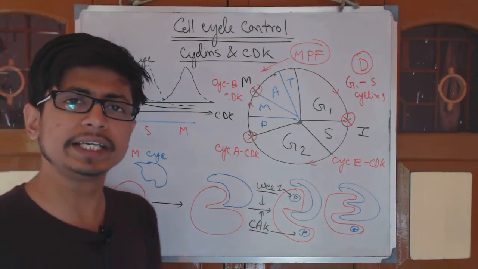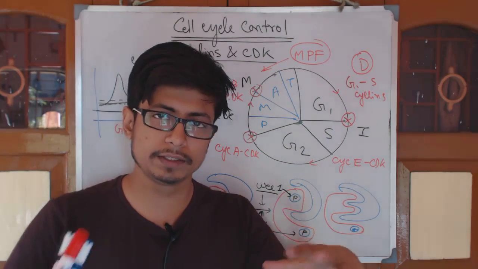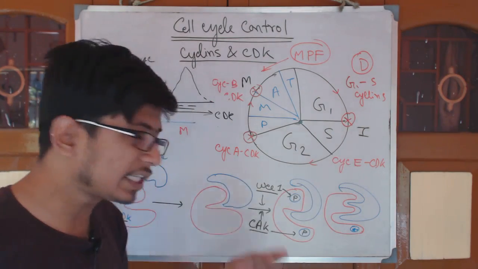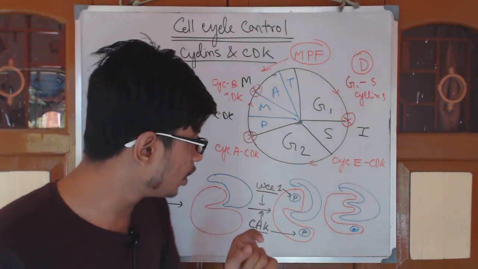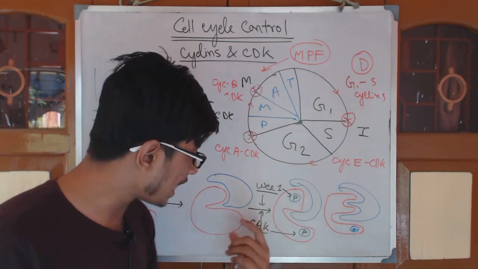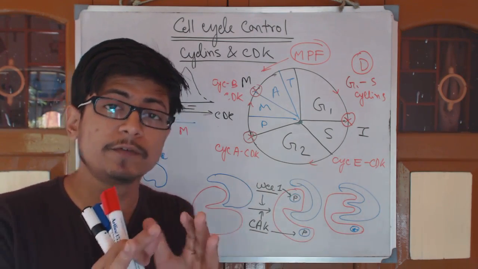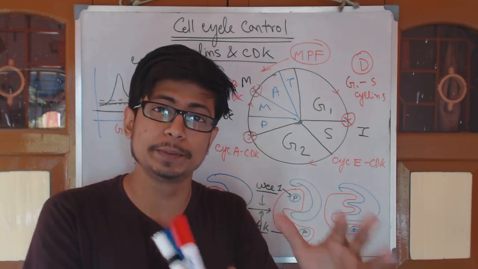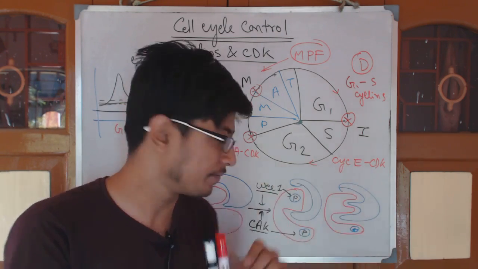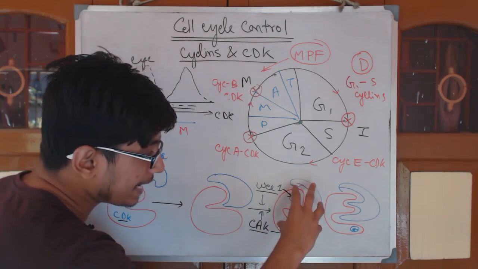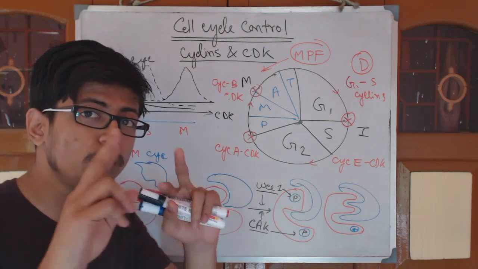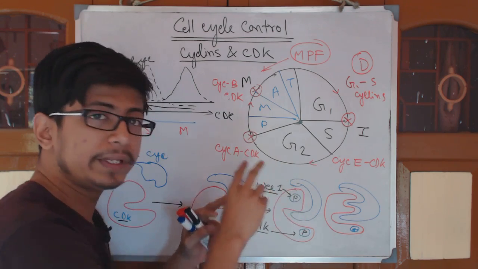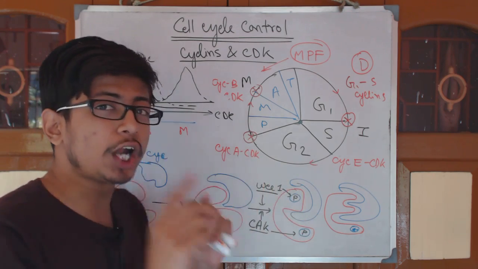If you look at the CDK protein, there are different amino acid sequences. There are specific amino acids where Wee1 phosphorylates as well as where CAK phosphorylates, but they phosphorylate in different locations, different amino acids in the cyclin-dependent kinase in the M phase. Now at that point, CDK is dual phosphorylated, bound with cyclin, but it's still not active.